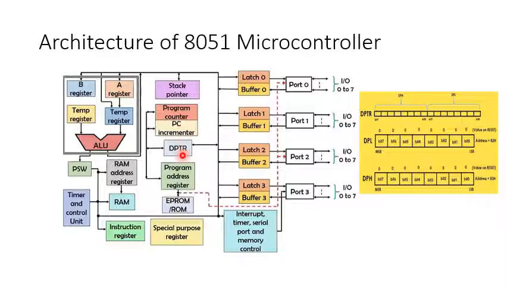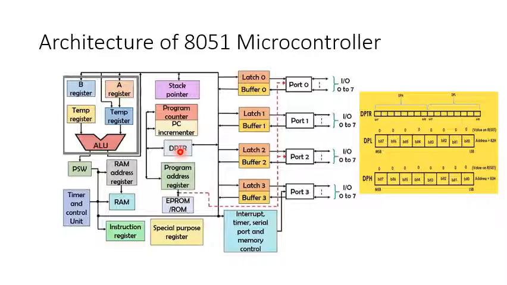Data pointer. It is a 16-bit register used to hold the address of external or internal RAM where data is stored or result is to be stored. It is used to store 16-bit data. It is divided into two 8-bit registers, data pointer higher and data pointer lower. The data pointer higher and data pointer lower are bit addressable.